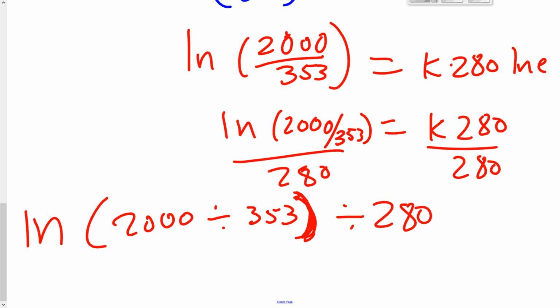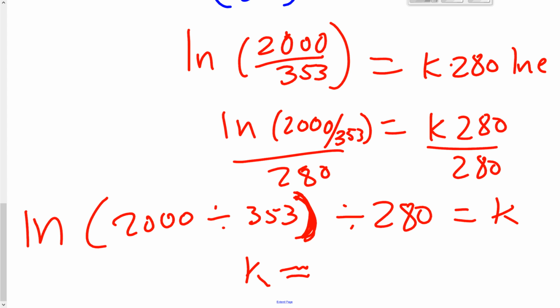So when you do something like that, you get k. Your k would be approximately, let's type it in and see what we get for our k.